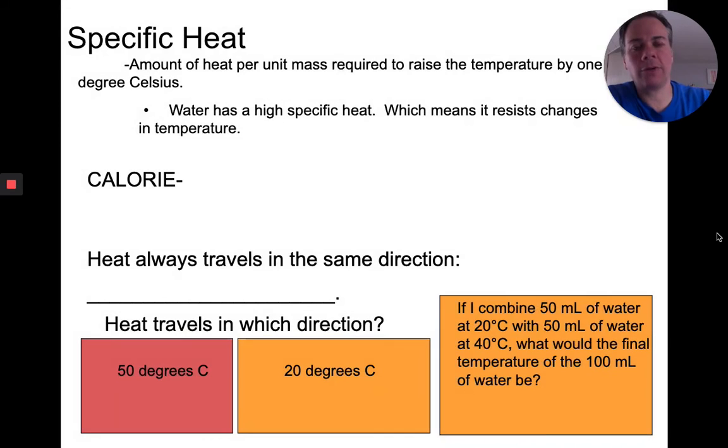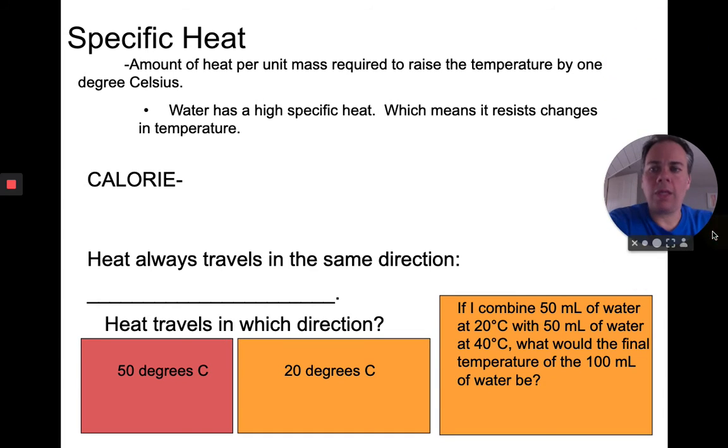Okay, so that's the overall idea about heat versus temperature. When we are discussing different substances, one characteristic of those substances is their specific heat. Basically this is a measure of how much heat you need to add to something to raise its temperature.